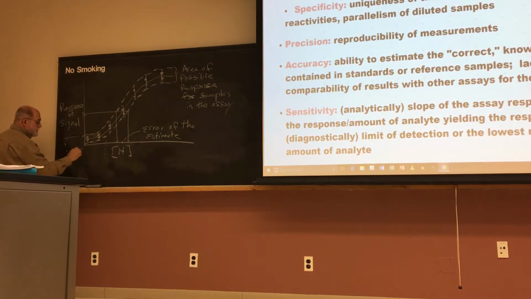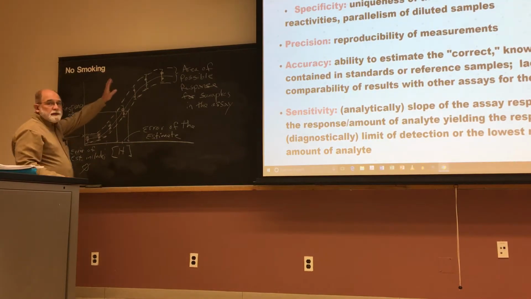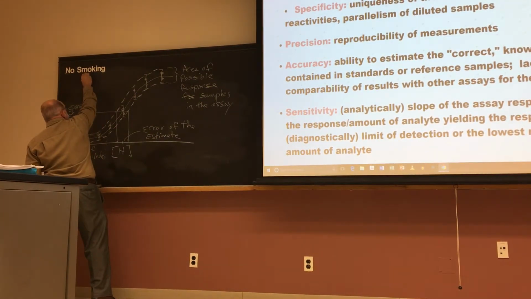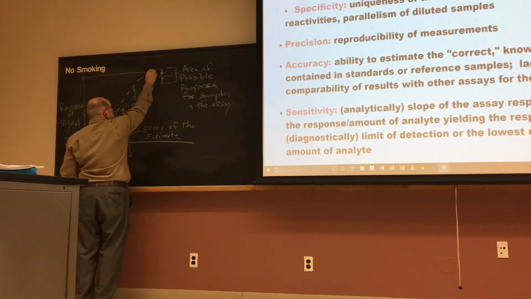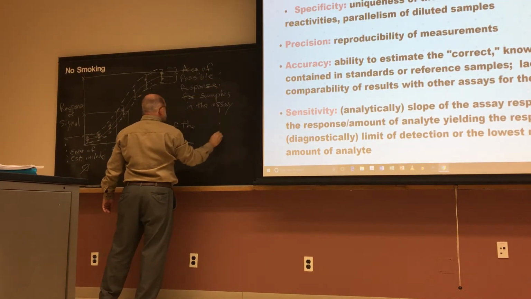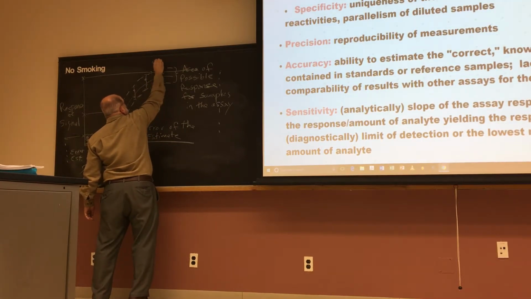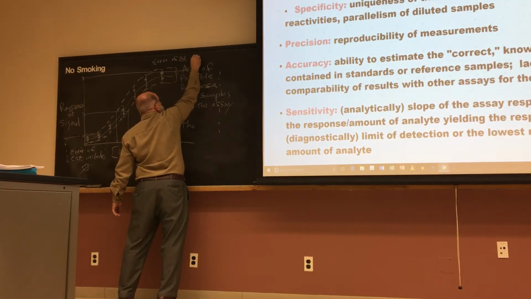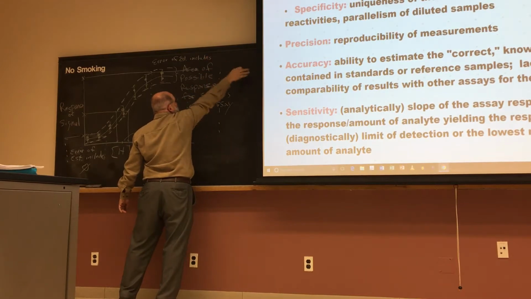So error of estimate includes 0. At the top end of the curve, you've got the other problem where if you've got a sample that measures up here and you extrapolate it to the curve, the error of the estimate includes, what's up at that top end there?